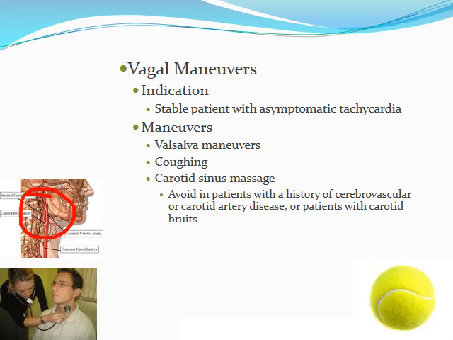And we need to push hard enough to dent a tennis ball for about 10 to 15 seconds. Push at the corner of that jaw hard enough to dent a tennis ball, 10 to 15 seconds to stimulate that vagus nerve and hopefully lower this heart rate that is fast and stable and narrow.